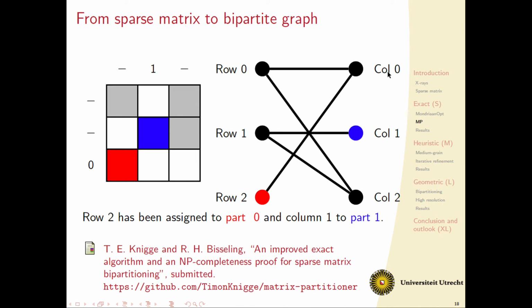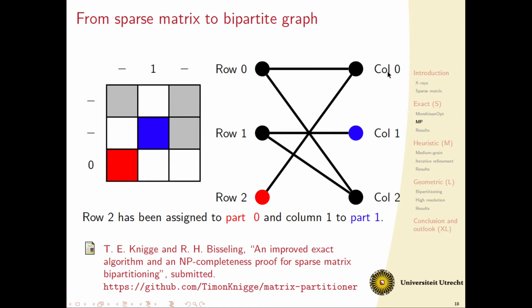And another is another bound on the communication. And we get that by looking at the matrix as a bipartite graph. So in combinatorial scientific computing, we are used all the time to either use the language of matrices, linear algebra, or the language of graphs, and we move back and forth between them.